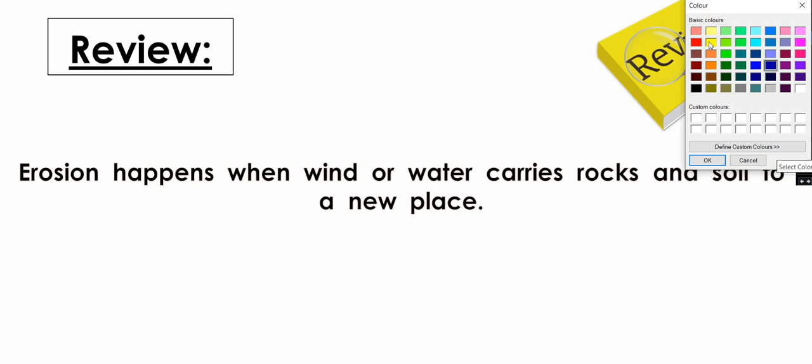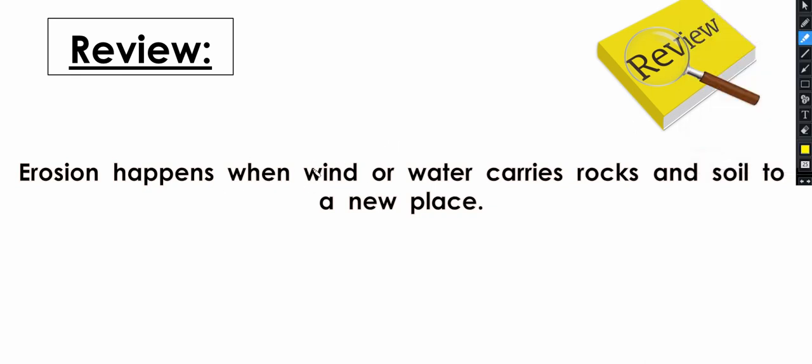The most important thing is that erosion happens when wind or water carries rocks and soil to a new place. So this is the main meaning of erosion.